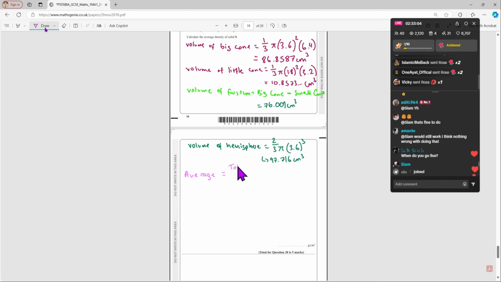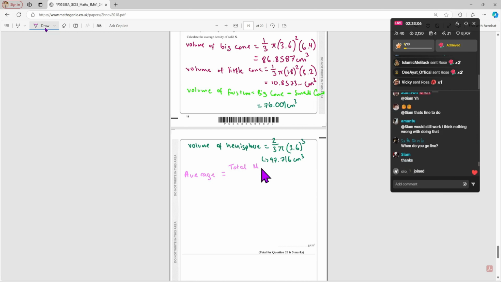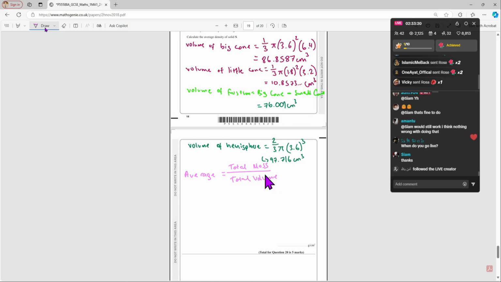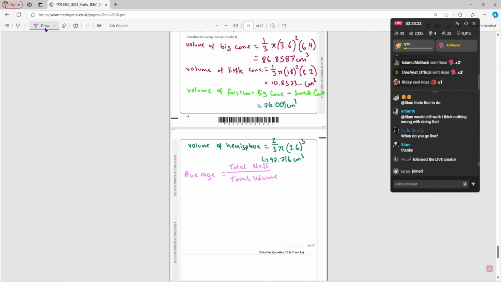So it's going to be the total mass divided by the total volume. First thing we have to do is work out the total mass. But we know the total volume already, because to work out the total volume, we have to do 97.716 plus 76.001.